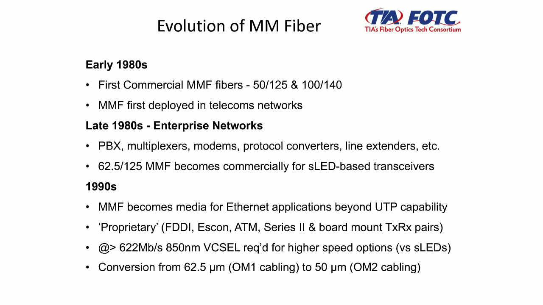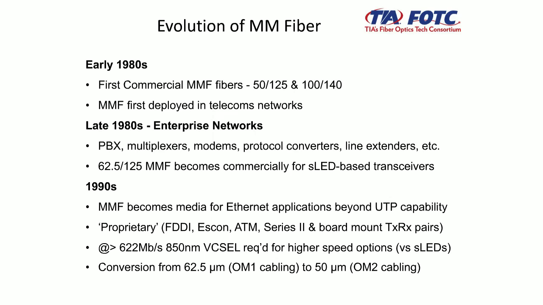In the 80s, we really saw further applications of multimode fiber, in particular. Some of the examples I've laid out there, PBX, line extenders, modems, and so forth. This is when we shifted away from 50/125 fiber to 62.5/125 fiber. Most people think that 62.5/125 was the first multimode fiber. It was not.